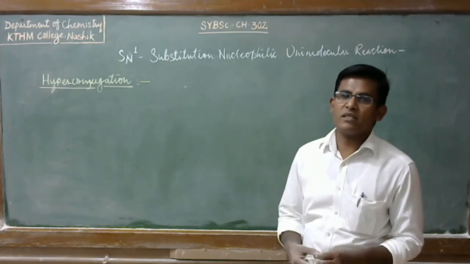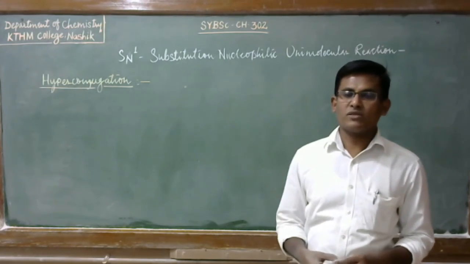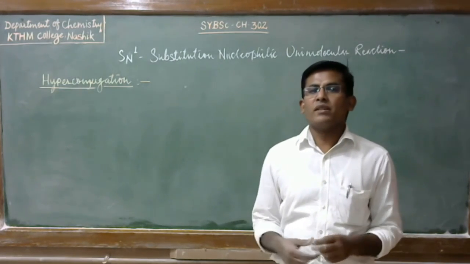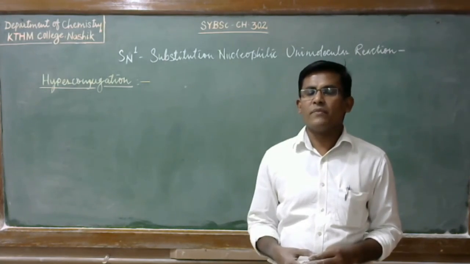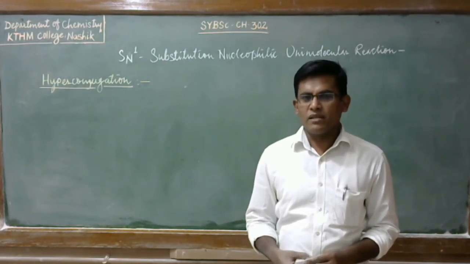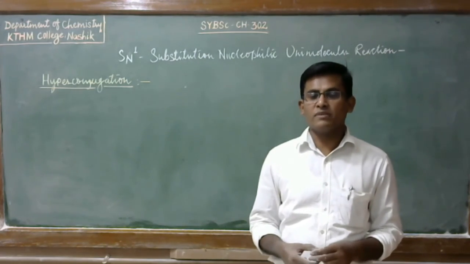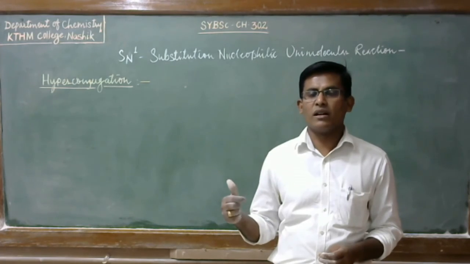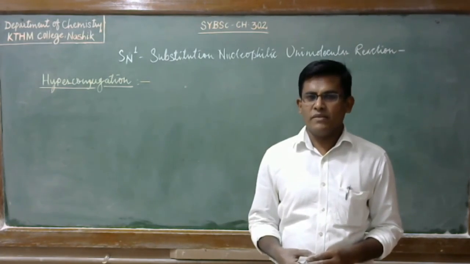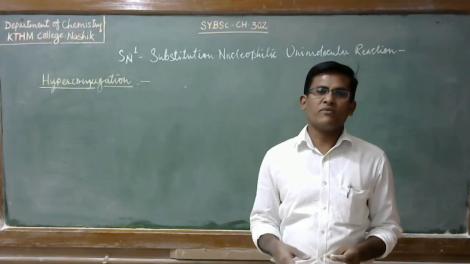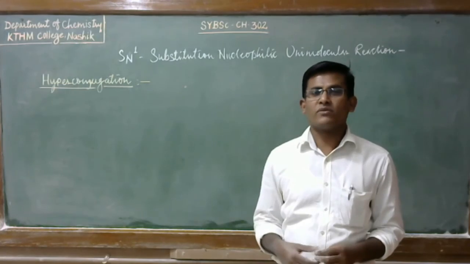For example, in tertiary butyl cation, there are 9 CH bonds, so that will be a more stable carbocation. Then isopropyl cation is having 2 adjacent methyl groups, so that means 6 hydrogen atoms. Then ethyl cation is having only one CH3, so it is having 3 hydrogens.